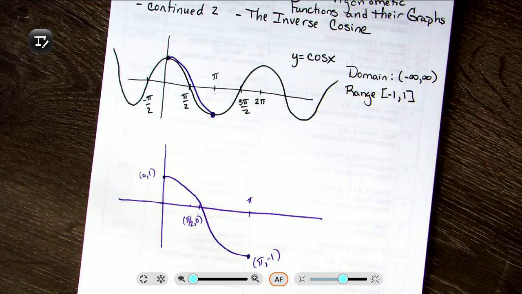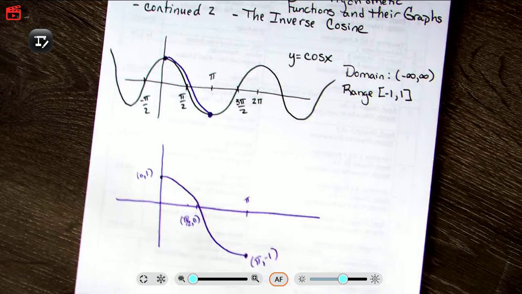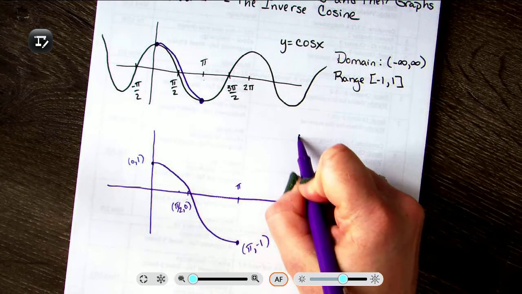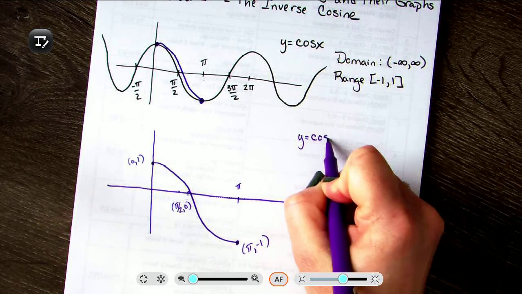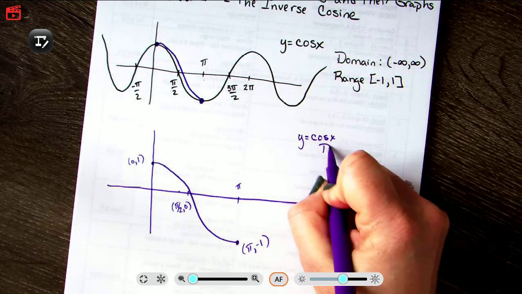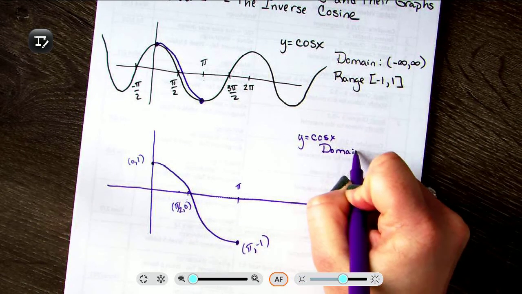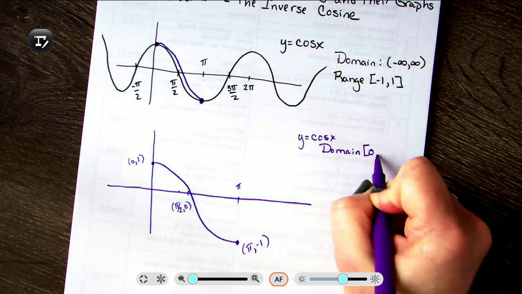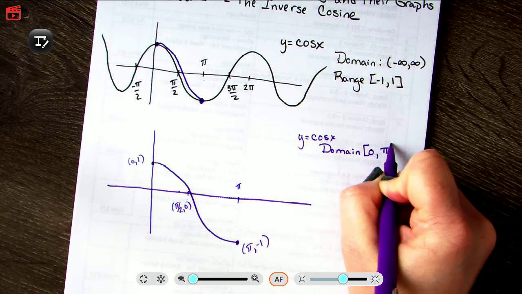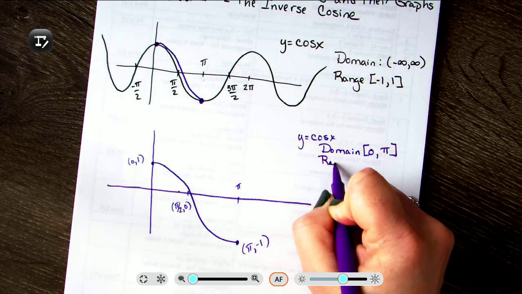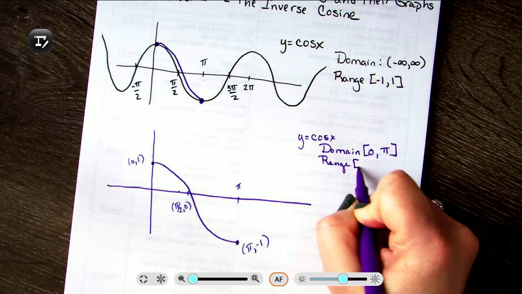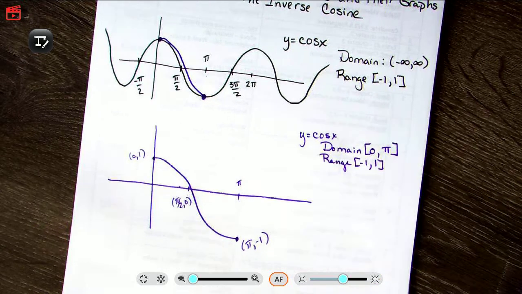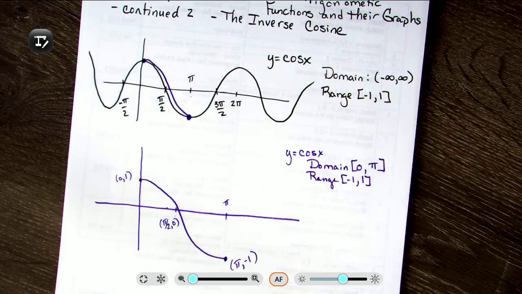And if we can remember, this is going to switch our x and y's around. So here we're restricting. This is still the cosine curve, but we're restricting the domain to just go from 0 to pi, but our range still takes on all the values from negative 1 to 1. So now we're going to draw that inverse function.